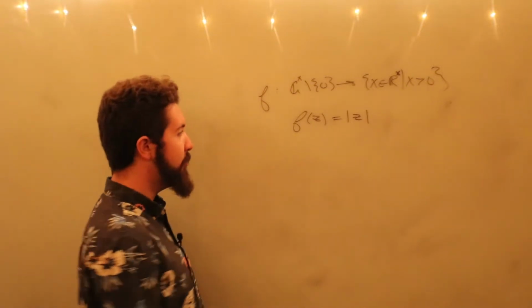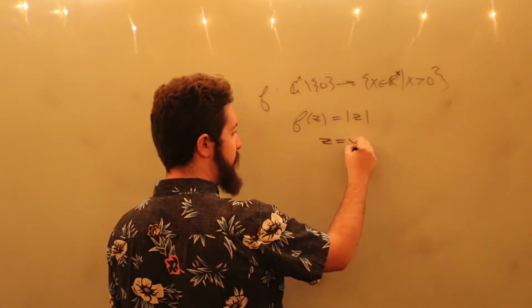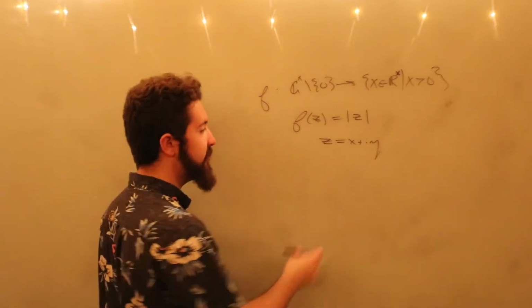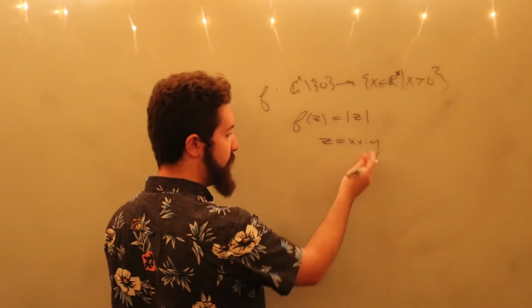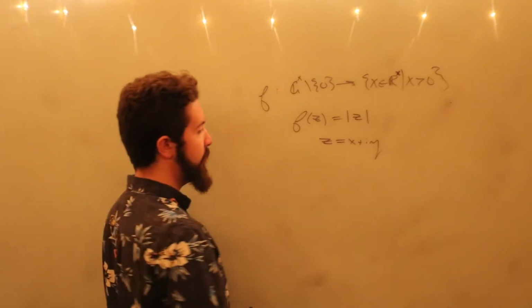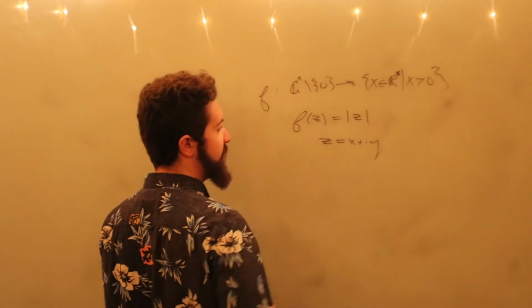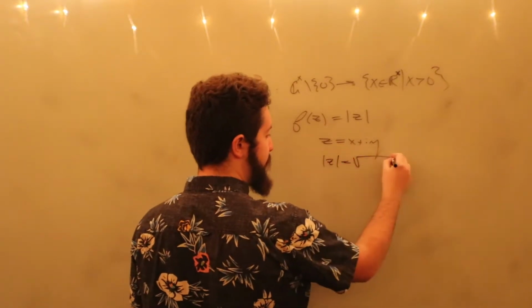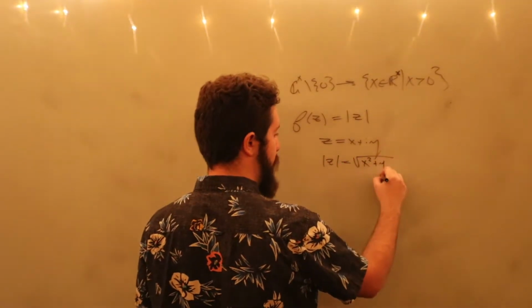And if you don't recall what the modulus is, we have z equals x plus iy, where x and y are real numbers. This is our generic complex number with i as the square root of -1. And then the modulus of z is going to be equal to the square root of x squared plus y squared.